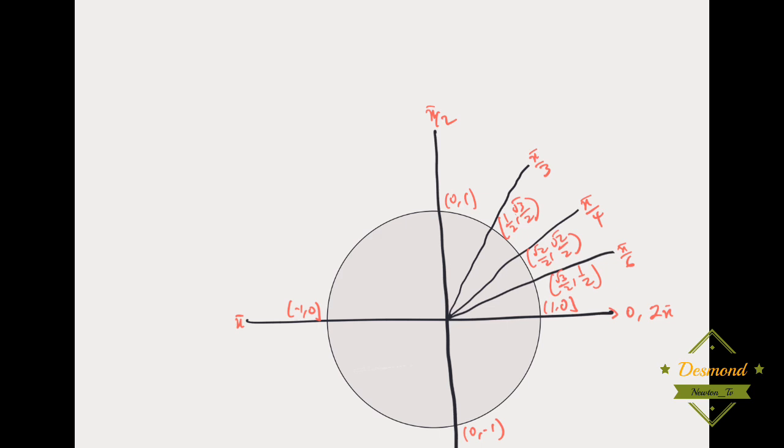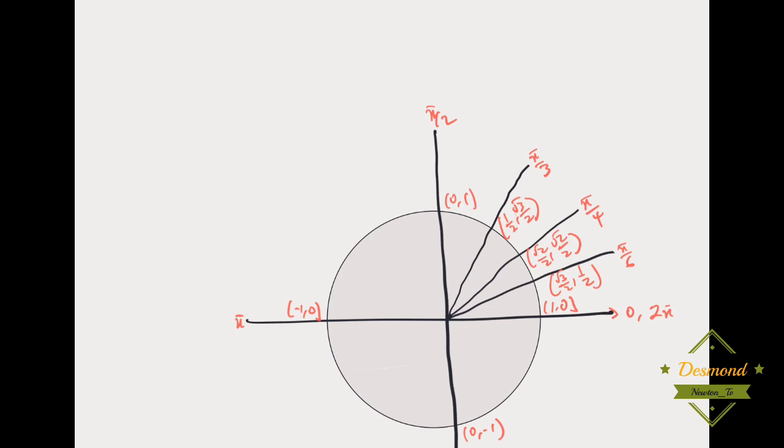Now, the way the unit circle works is to draw a line from the center of the circle outward corresponding to a given angle. Then look at the coordinate of the point where the line and the circle intersect.